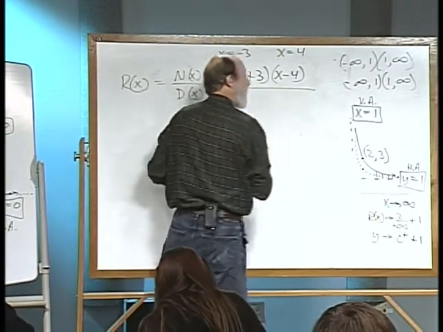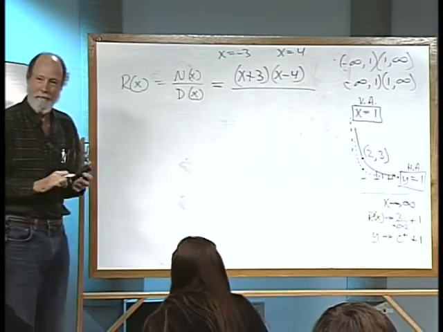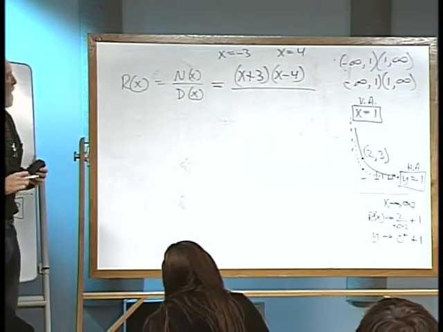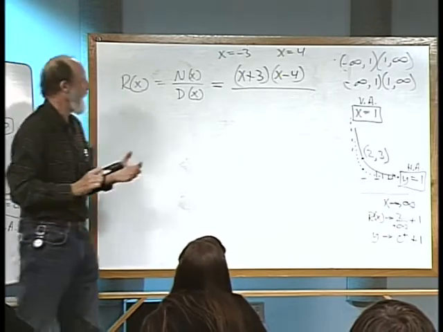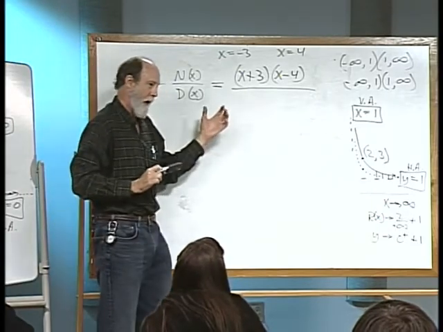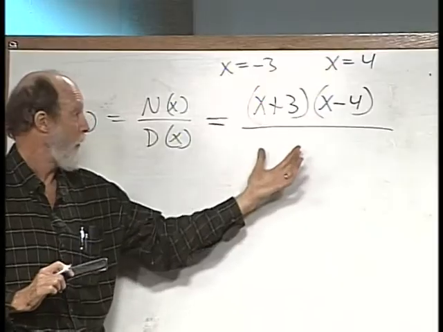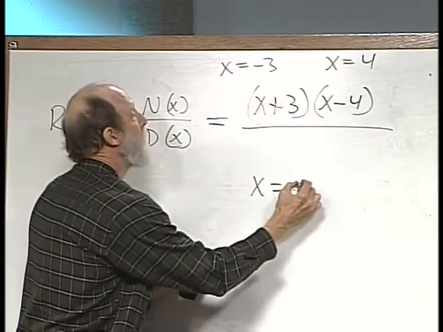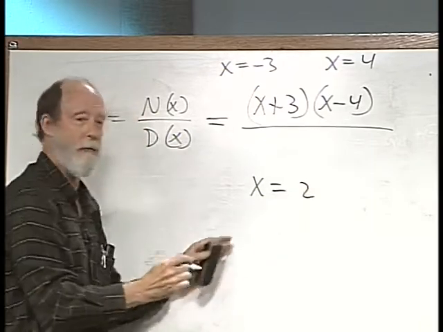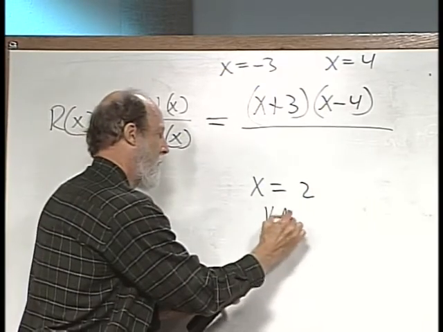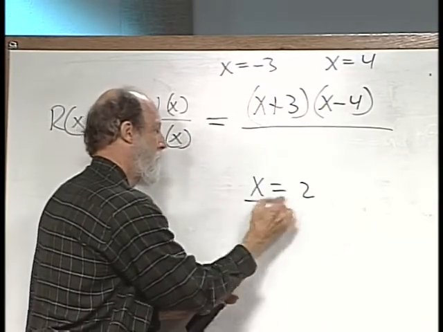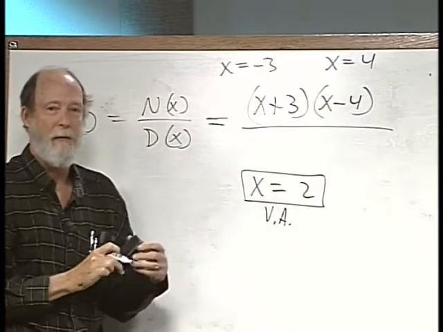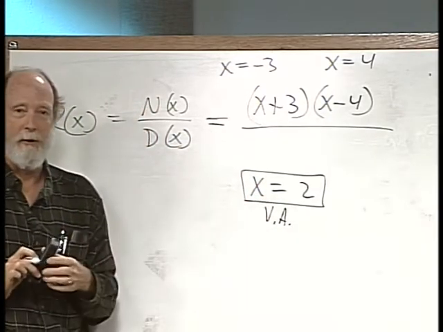Down below, let's build a cubic. Let's say we have a cubic that has a factor that's going to have a vertical asymptote at, say, x equals, how about 2? A vertical asymptote at x equals 2. Then what do we have to put in our denominator?